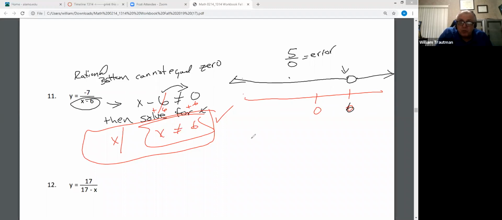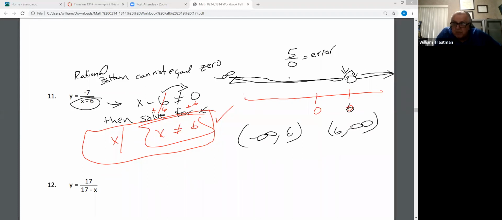So another way of writing that is the far left is negative infinity. Then it goes all the way to 6, but it doesn't touch it, because if it touches it, it equals. It cannot equal. But then we jump over to the other side of 6, and we go all the way to positive infinity. And normally when we write it down like this, we put a union symbol, this U thing.